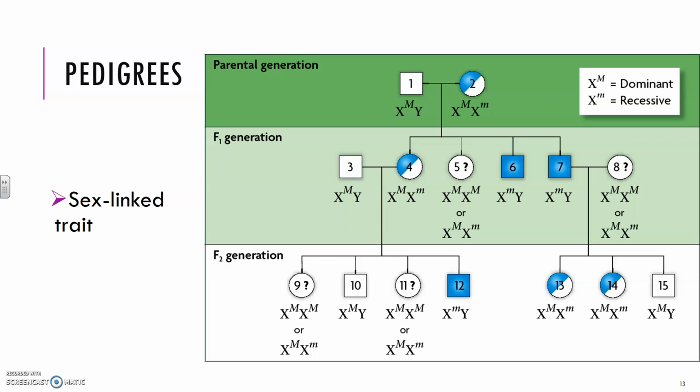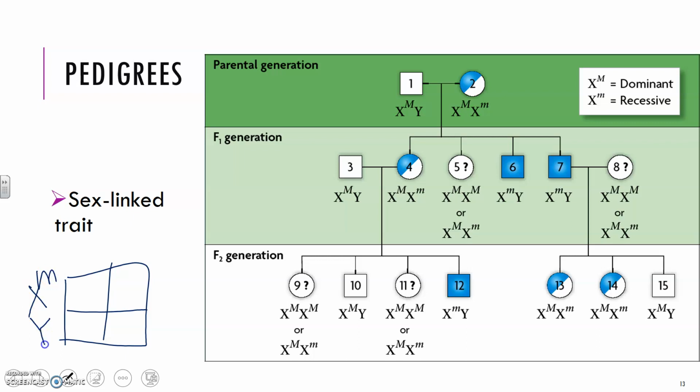Now the question is, let's look up here at 7 and 8. What is 8's genotype? Well, let's draw this out here. So we have X doing the male, number 7 here.